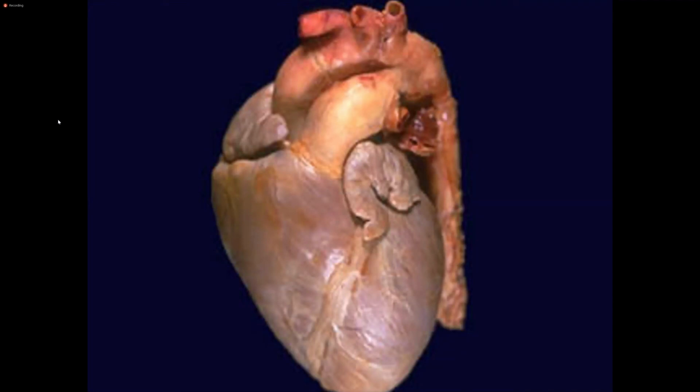If you look at the fetal circulation, it is the umbilical artery that takes the blood to the placenta.